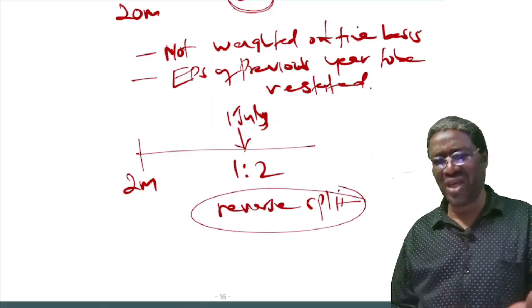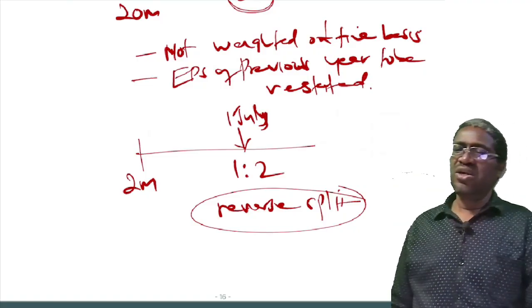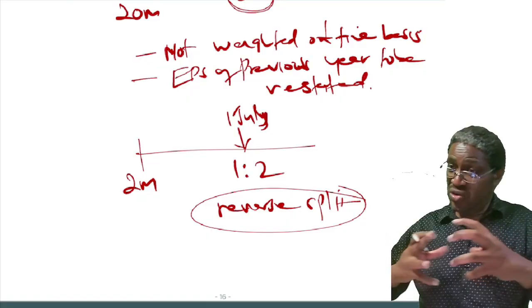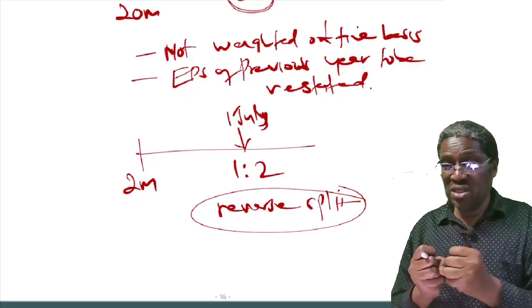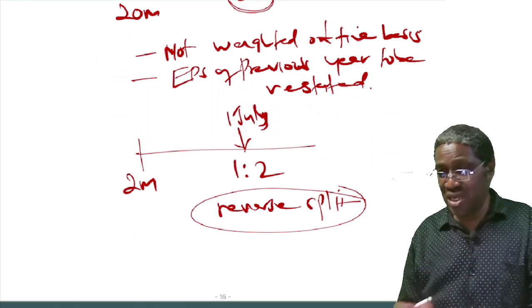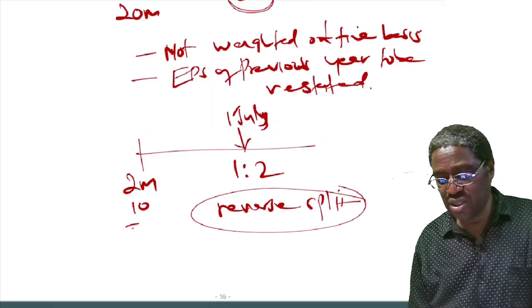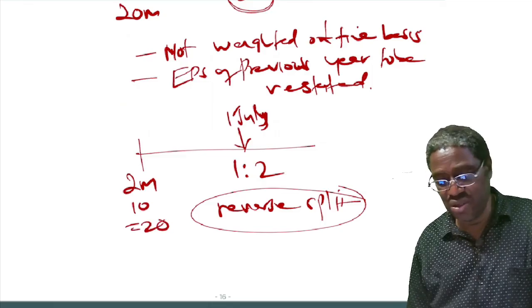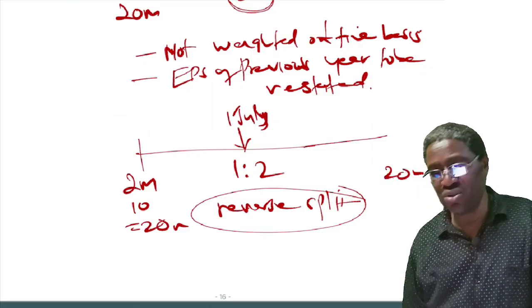It's not a common thing in the exam, but you may find a scenario where instead of increasing the number of shares, you consolidate them. We had 2 million shares of 10 each, so the capital is still 20 million, and at the end of the year it will still be 20 million.